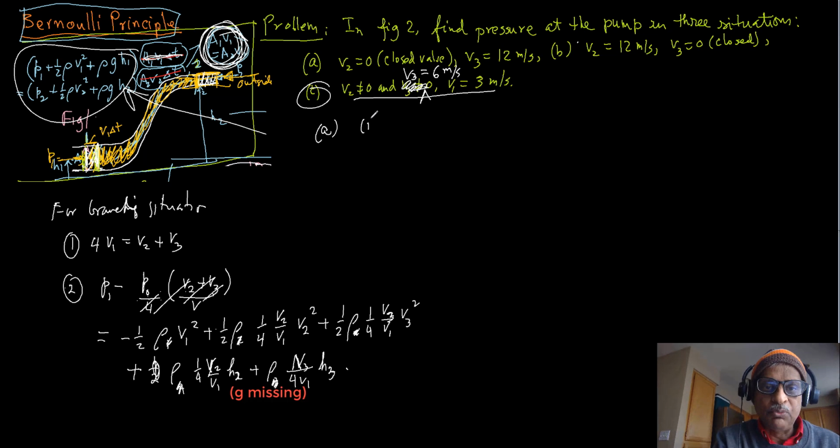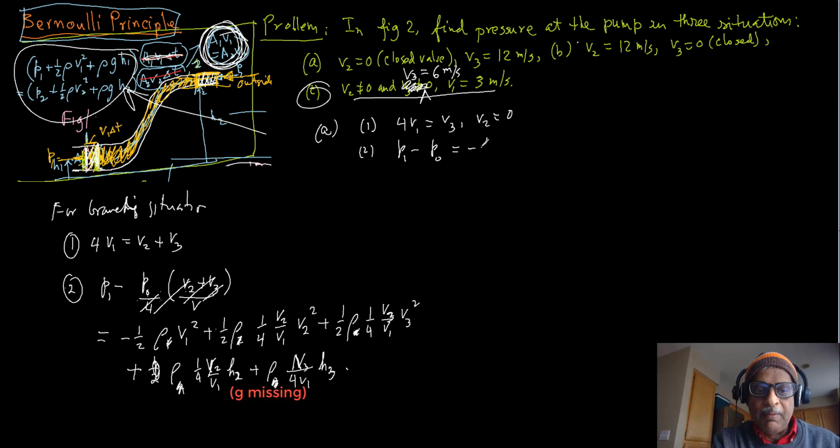And so equation 1 is 4V1 equals V3 and V2 equals 0. Just put it over there, then P1 minus P0 is simply minus half rho, and you can see from here V3 is 12, so V1 is 3 and V3 is 12.